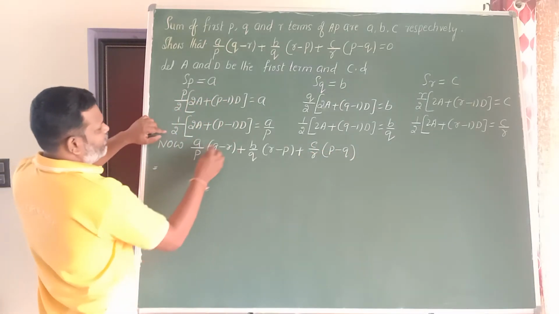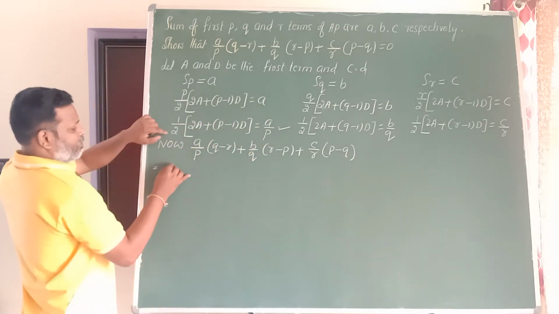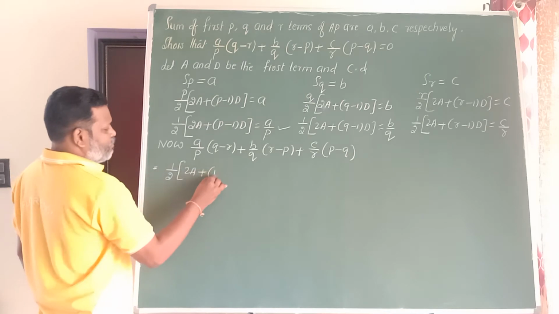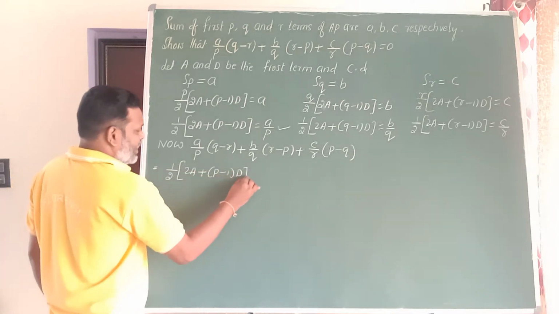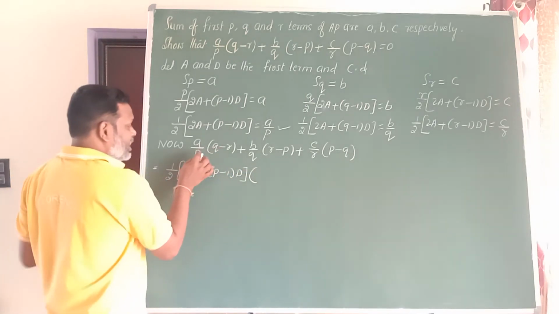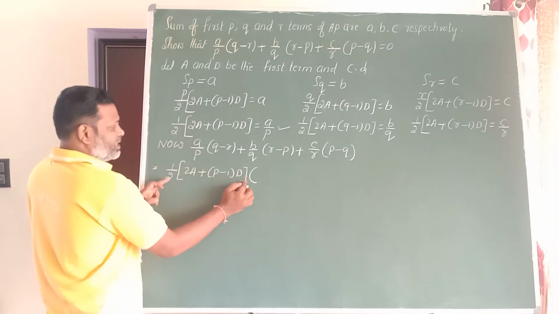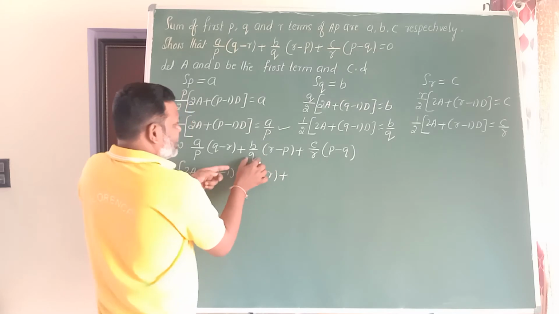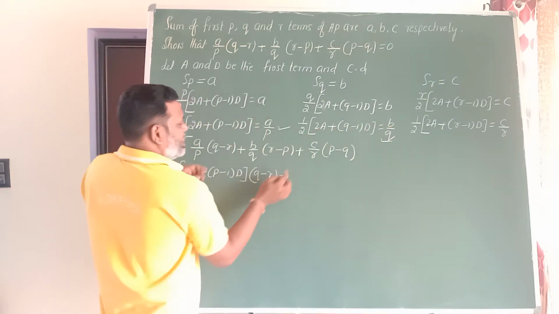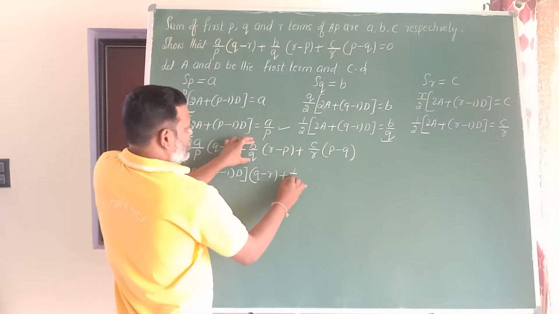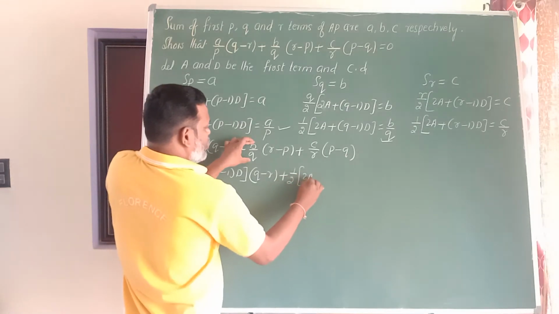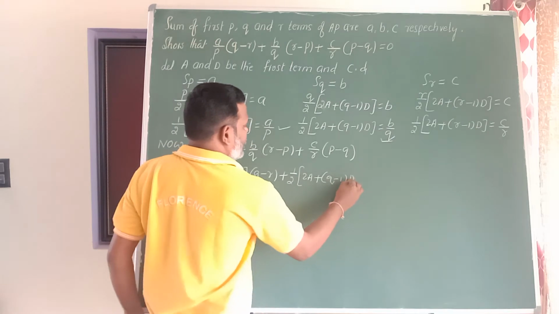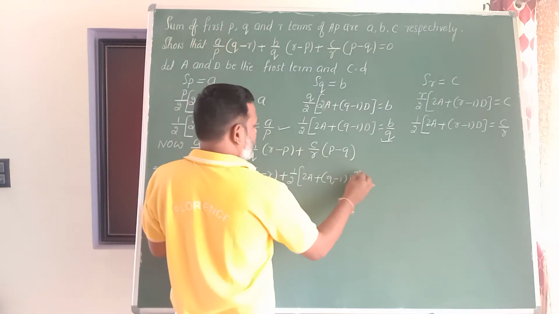In place of a by p, I write half into (2A plus (P minus 1) into D) into (Q minus R), plus in place of b by q, I write 1 by 2 times (2A plus (Q minus 1) into D) into (R minus P).